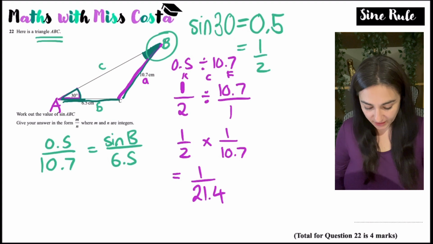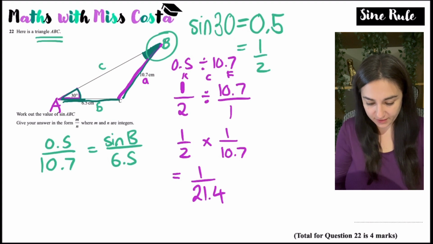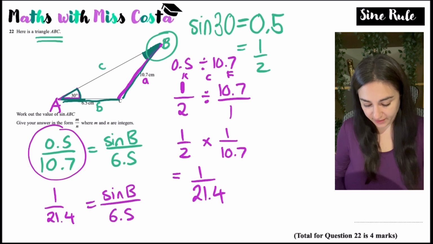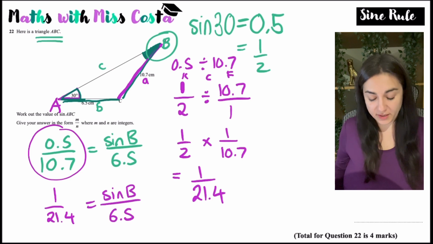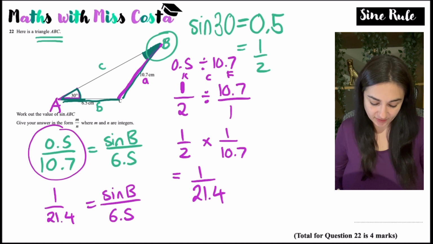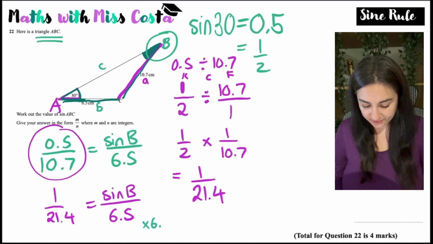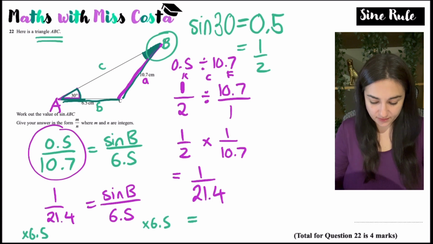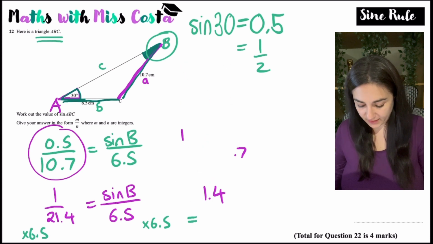So you know that 0.5 divided by 10.7 is 1 over 21.4, and you know it equals sine B over 6.5. So we can manipulate the formula, rearrange things in order to get sine B isolated. So I can times both sides by 6.5. So I'm left with, let's get rid of all of this.